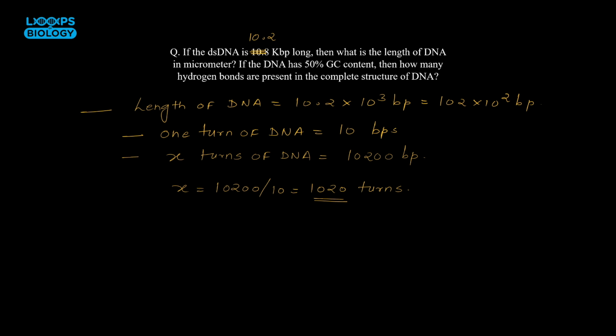So they have been asking us about the length in micrometer. Now we know that one turn is equal to 34 angstrom unit. If we are talking about 1020 turns, then there will be 1020 multiplied by 34 angstrom. So this will be my length of DNA.